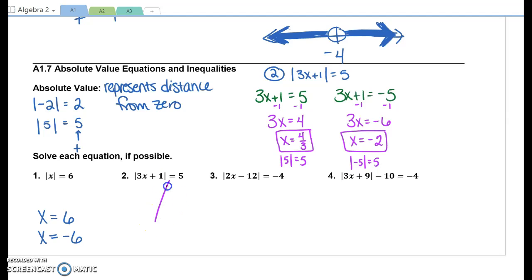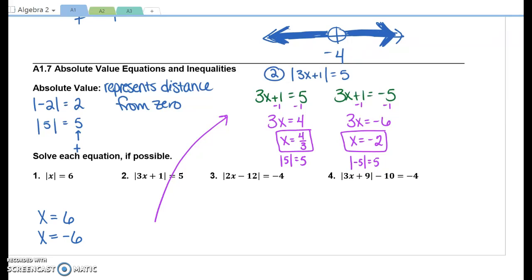So here, I'm just going to draw an arrow up here so we know that we did that problem up there. So number 3, the absolute value of 2x minus 12 equals -4. Where are we -4 units from 0? Some of you are thinking 4 and -4, right? But take a look back up here where we first started talking about absolute value.